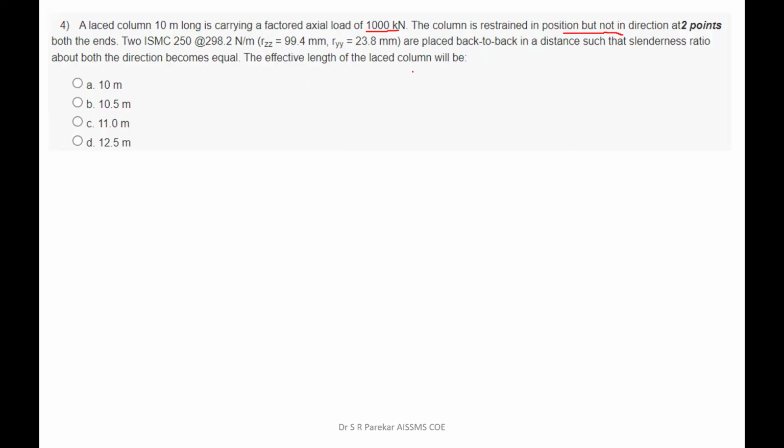The effective length of laced column: the column is 10 meter long, restrained in position but not in direction. For that we know both ends are pinned, so L effective equal to L.